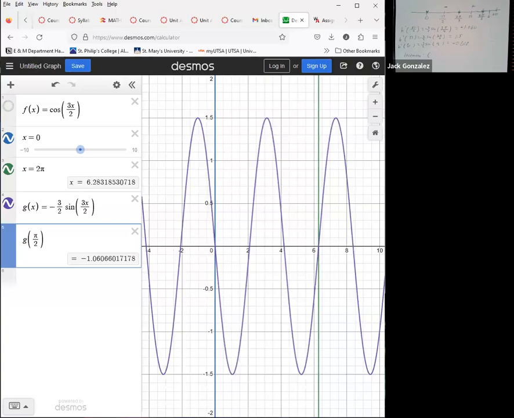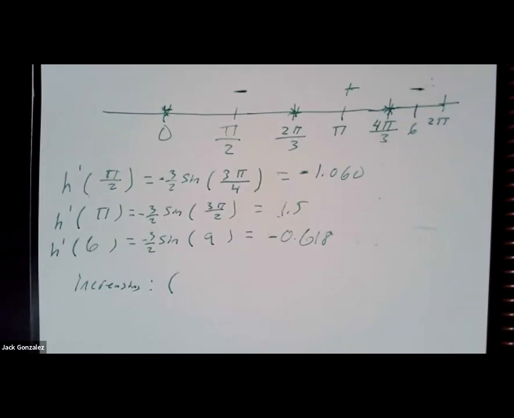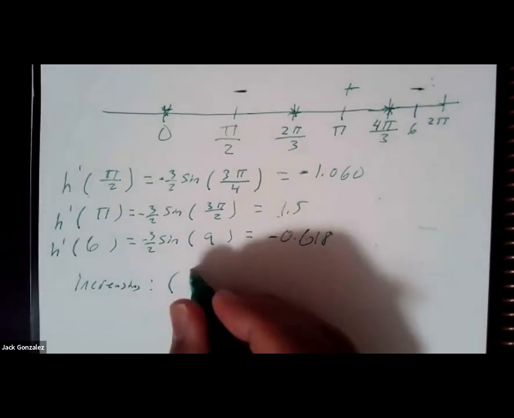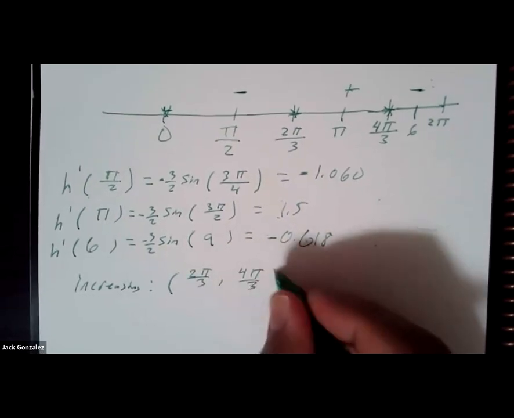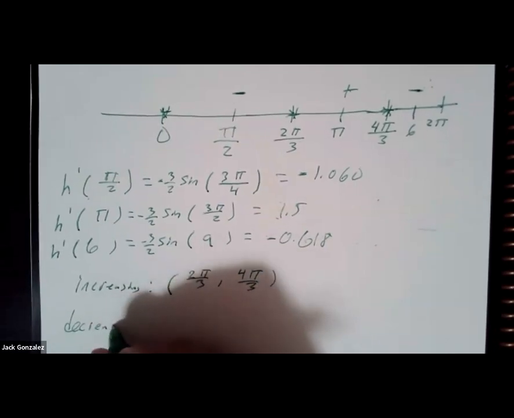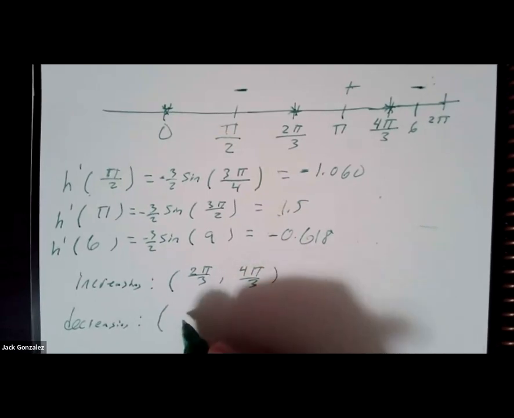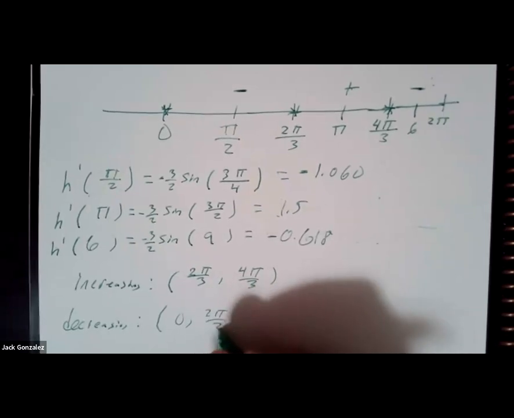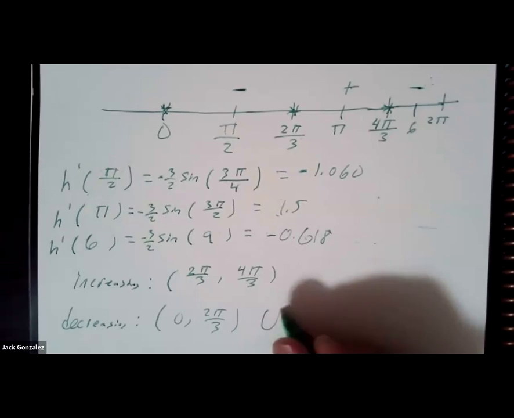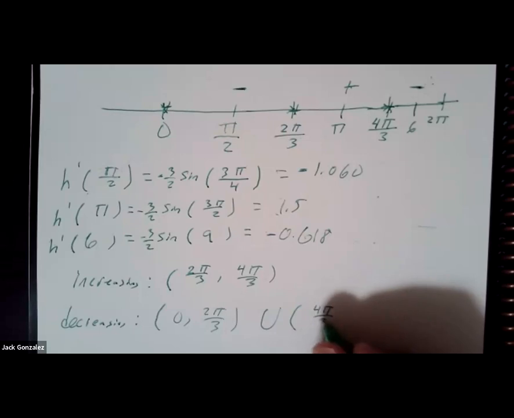Okay. So we almost had it. It's just I messed up right there. So we're going to be increasing from 2 pi over 3 to 4 pi thirds, decreasing from 0 to 2 pi thirds, and 4 pi thirds to 2 pi.